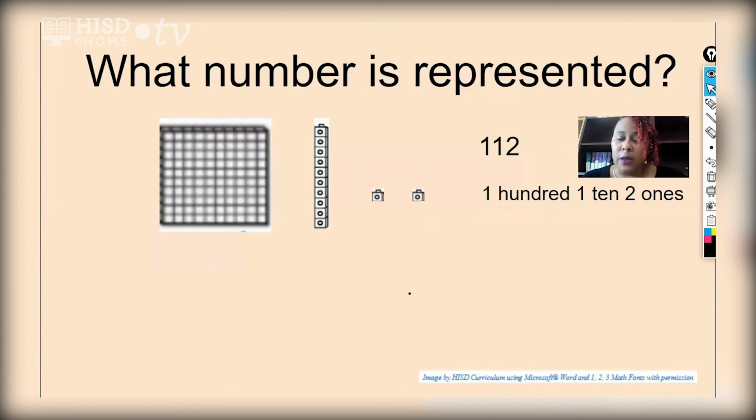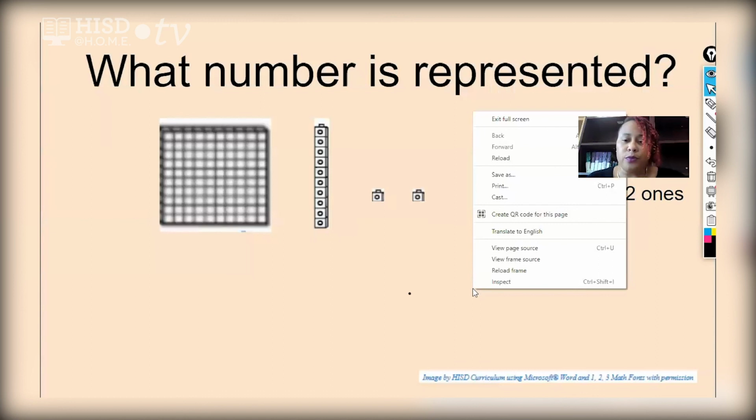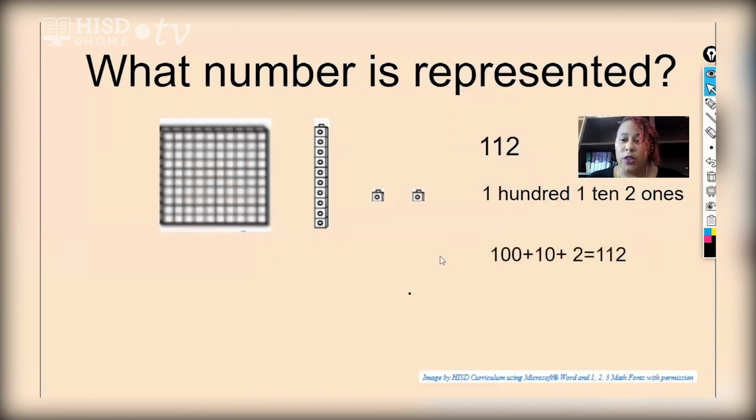If I want to put that in expanded form, I know I have to add the value of each digit. So 100 is 100, 1 ten is 10, and 2 ones has a value of 2. So in expanded form, I would put 100 plus 10 plus 2 equals 112.